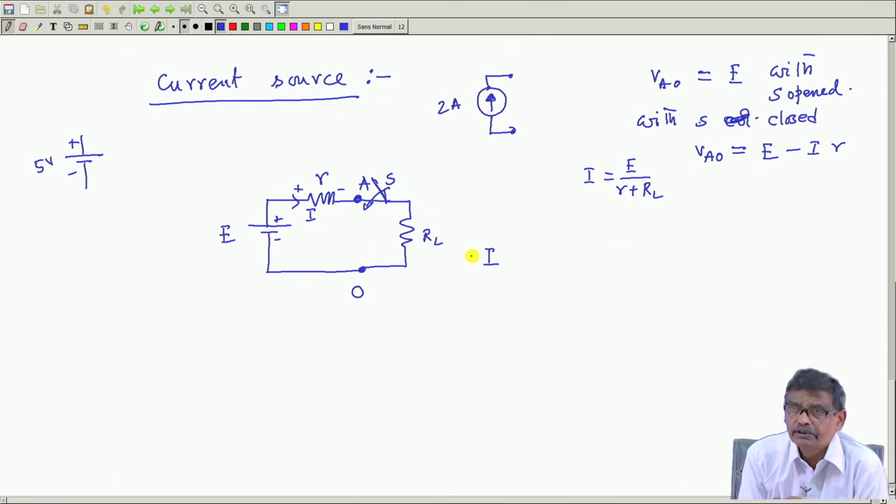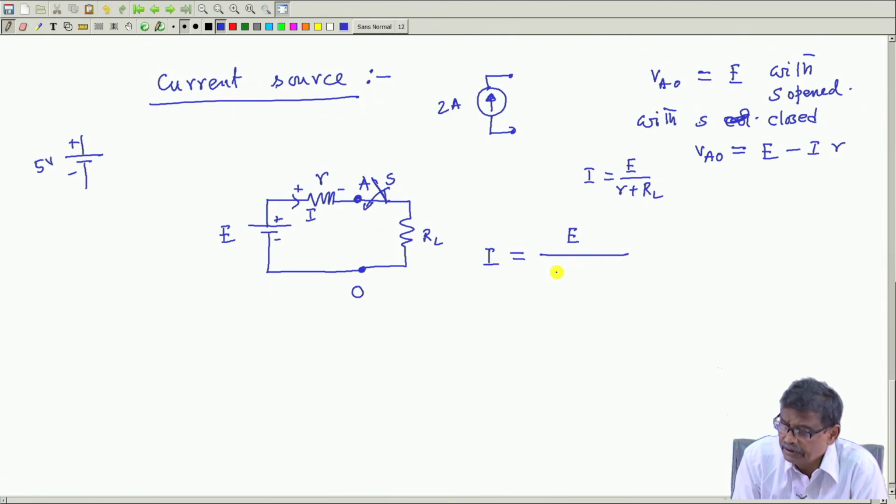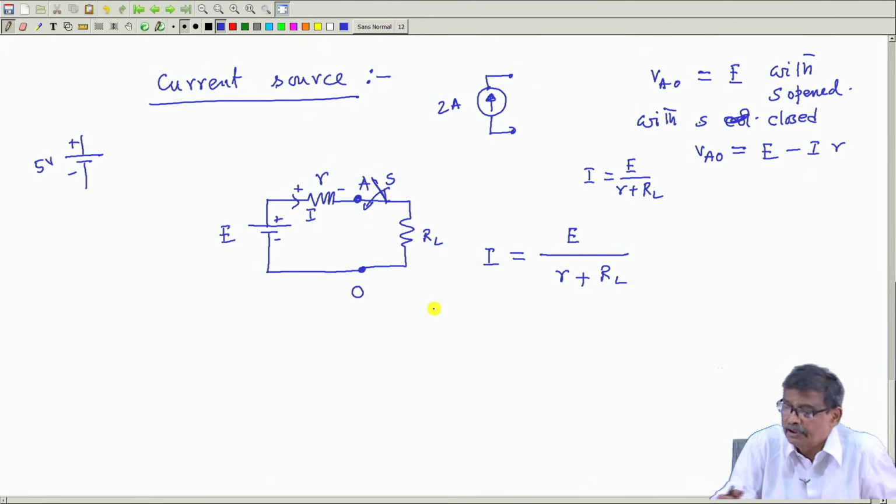because we are conversant with voltage source, I is equal to E divided by r plus RL, no doubt about it. V is equal to IR, that is the KVL, and I is voltage by resistance.